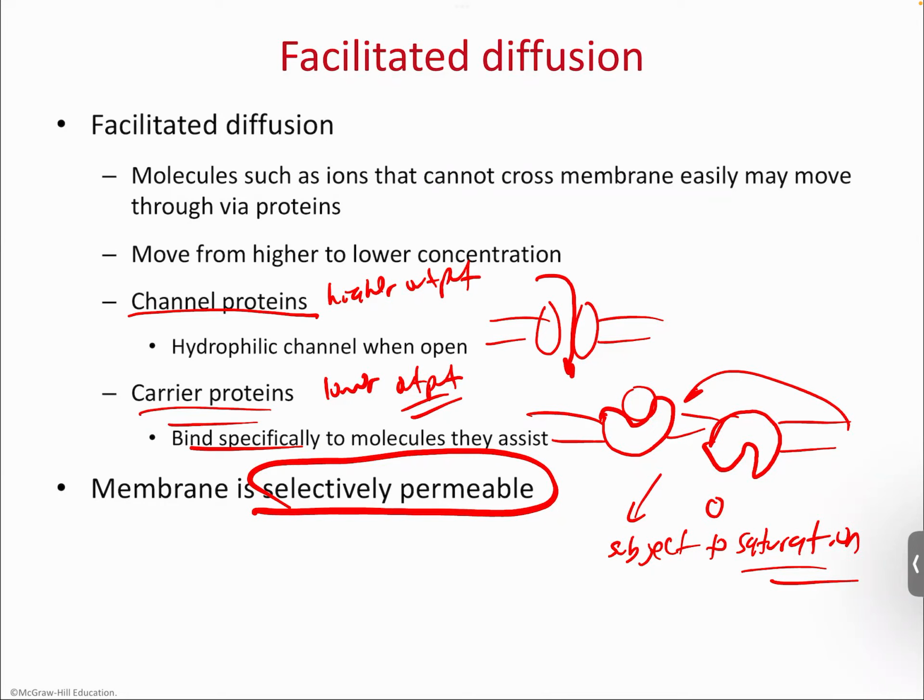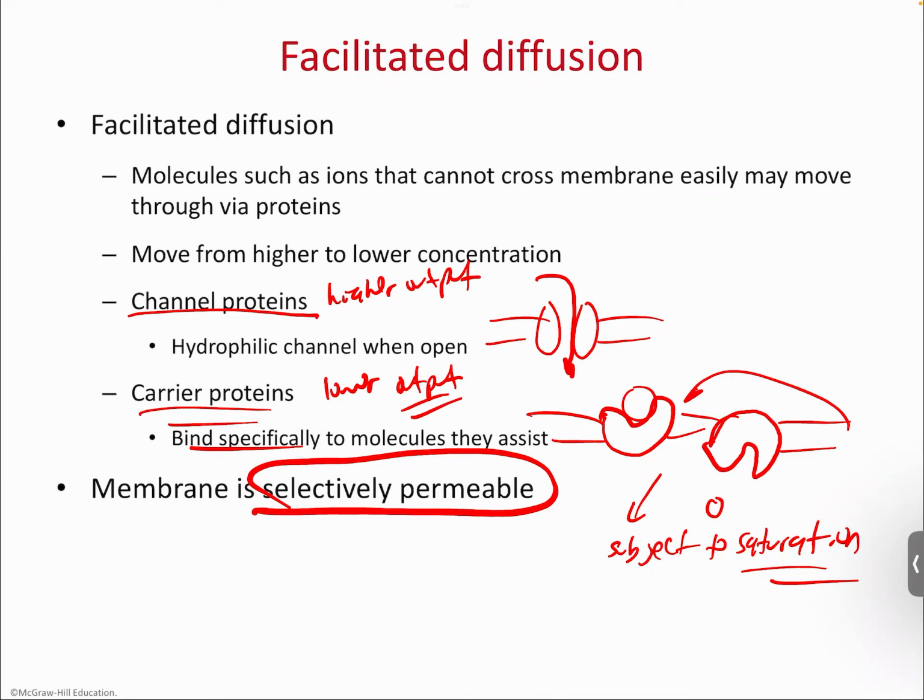Just moving a couple of cars at a time. But the problem is you can't go any faster, right? Because you're limited in how many you can grab. So that's what we mean by saturation limited, right? Once it's full, it's full. You can't go any faster than your max speed, and carriers are not fast.